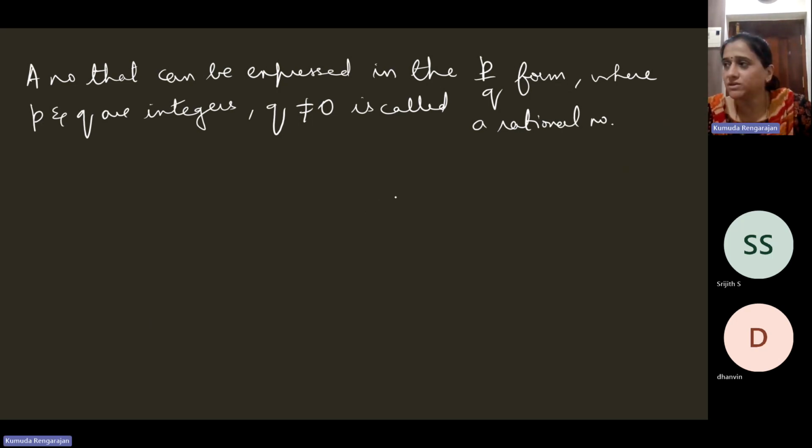If you can express a number in the P by Q form, where the numerator P is an integer, the denominator Q is an integer, but Q is not 0, then such a number is called a rational number.